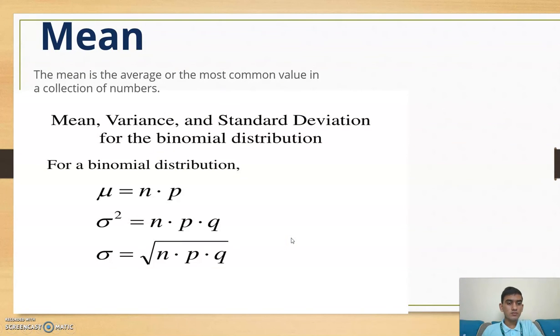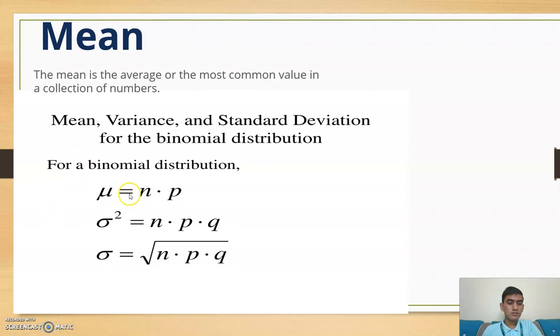Now we will see how to find the mean. The mean is the average or the most common value in a collection of numbers. These are the terms we have to find in a binomial distribution: mean, variance and standard deviation. Our topic is the mean.